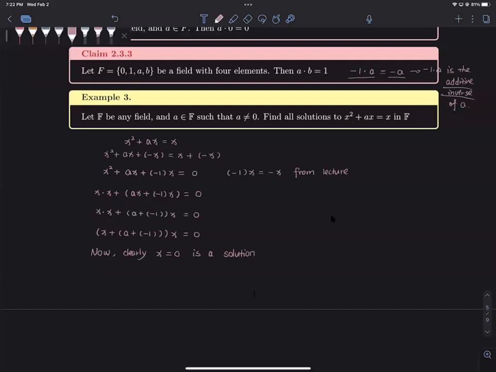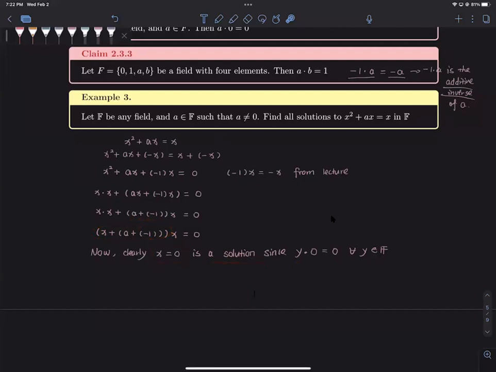Why is that? Because y times 0 equals 0 for all y in the field. So here my y is this whole thing, times 0 is 0. So it is a solution. But we don't know if this is 0, then 0. We do not know this. But now x equals 0 is a solution.